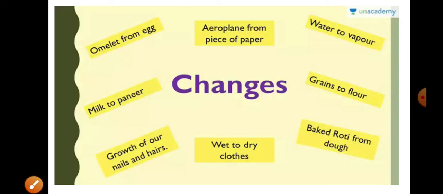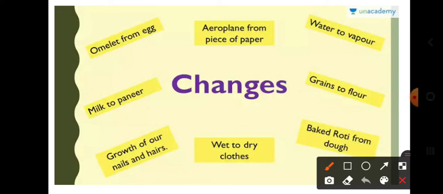Today we are going to classify these changes as natural or human made. If it is a natural change, let's write N, and if it is a human made change, let's write H. Omelette from an egg, absolutely a human made change. Aeroplane from a piece of paper, of course also a human made change.